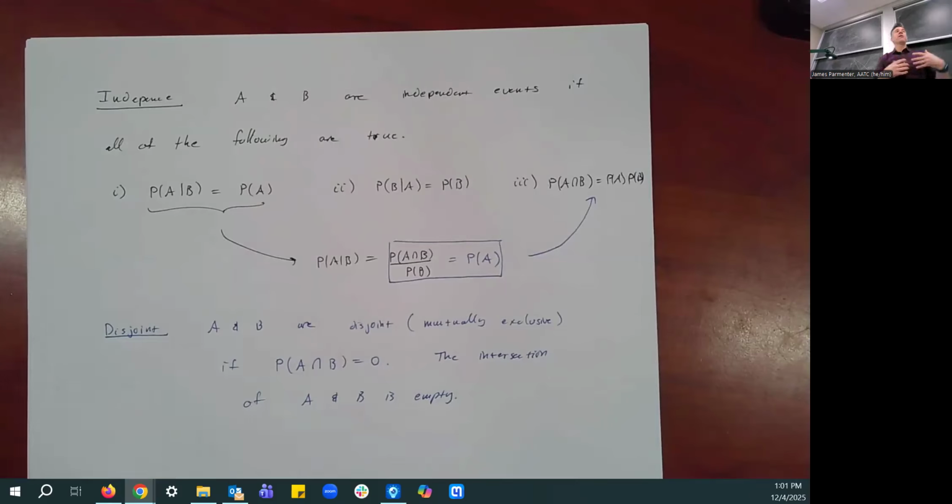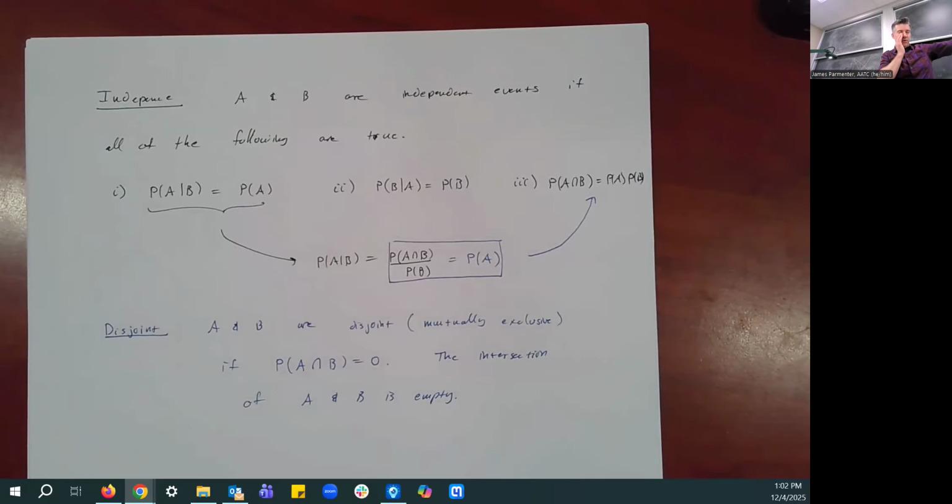Here's how you can think about this. Let's say the two events are mutually exclusive, and I told you that one of them happened. Then you know the probability the other one happened. If one of them happened and their overlap is empty, that means the probability of the other one happening is zero. So knowing that one of them has happened has affected the probability of the other one, which means they're not independent.